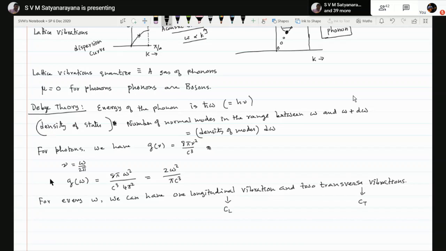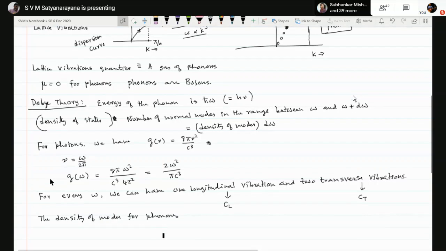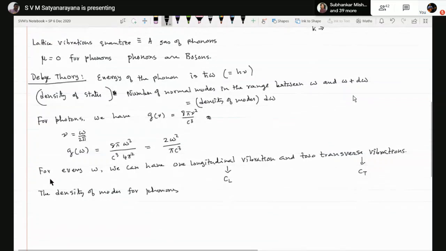So the density of modes for phonons can now be written as g of omega.